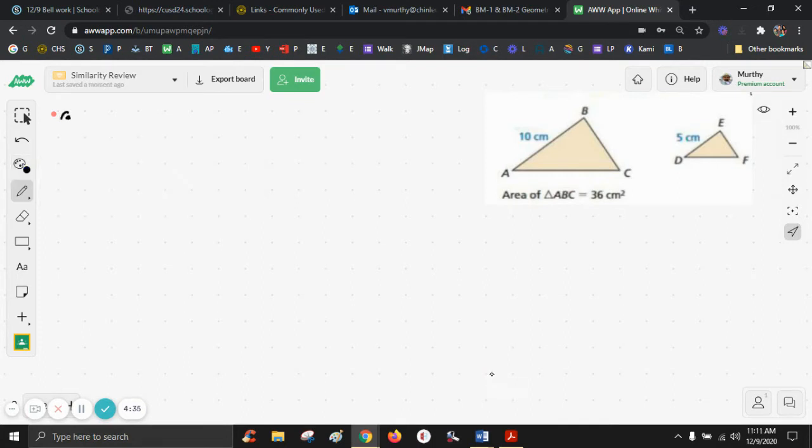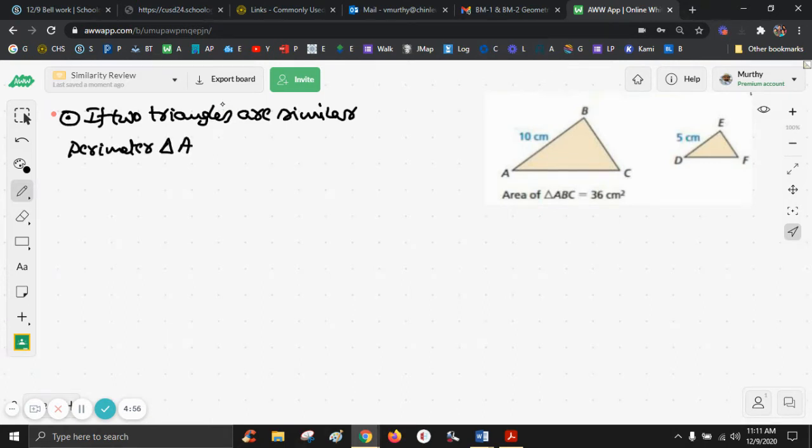If two triangles are similar, then perimeter of first triangle, in this case let's assume that the given two triangles ABC and DEF, these two are similar.